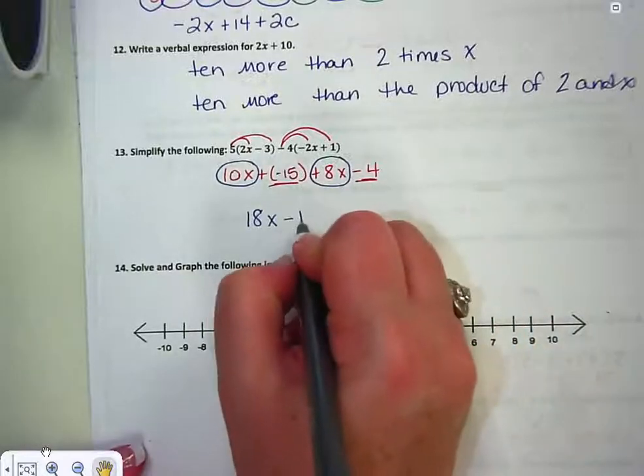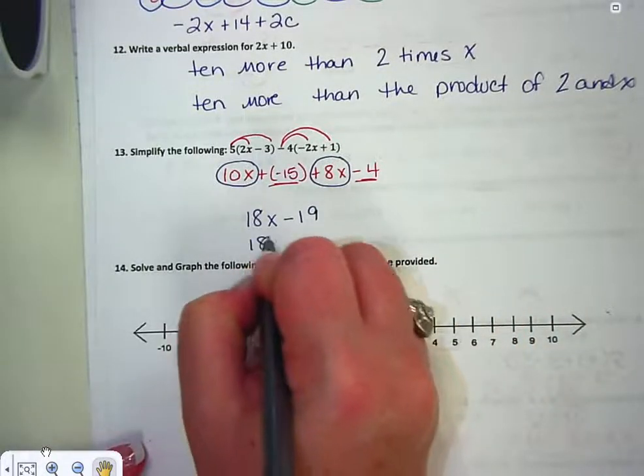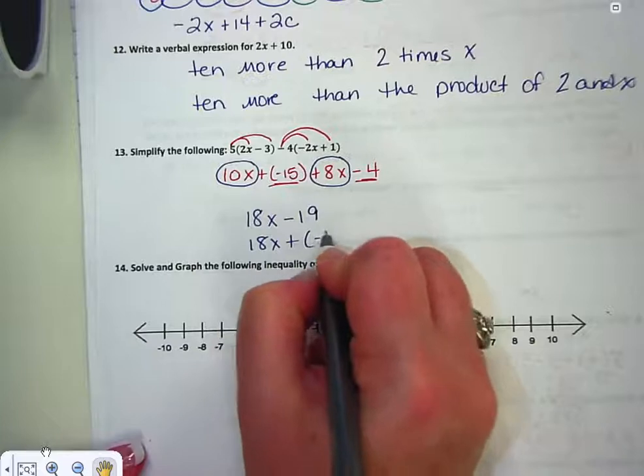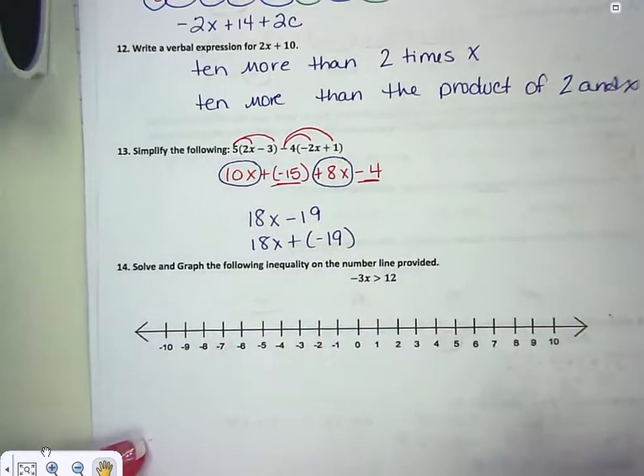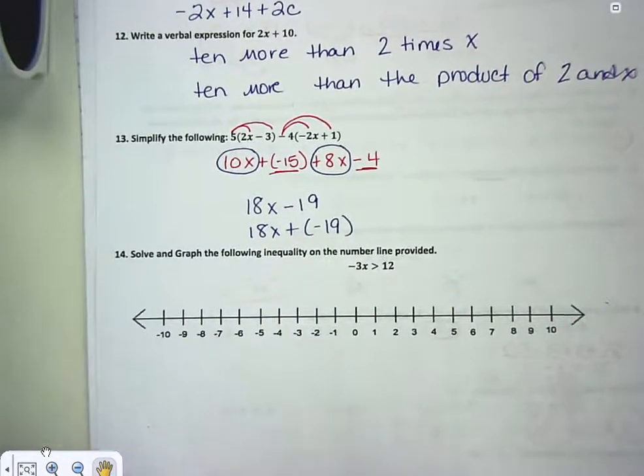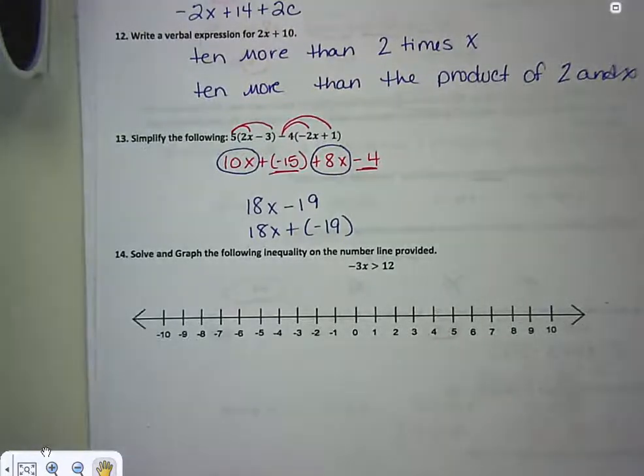So 18x minus 19 or 18x plus negative 19. Either one of those are acceptable answers. All right, any questions on that one?